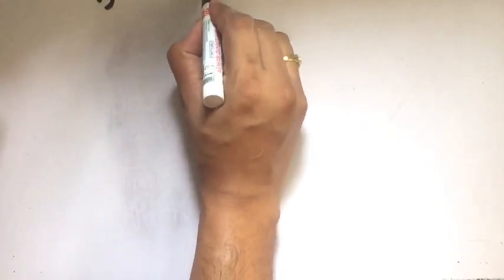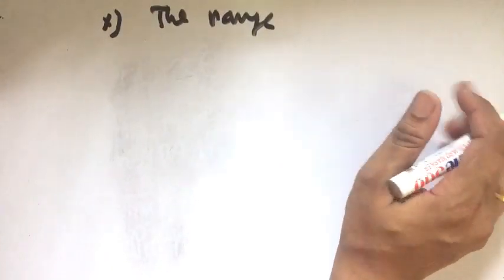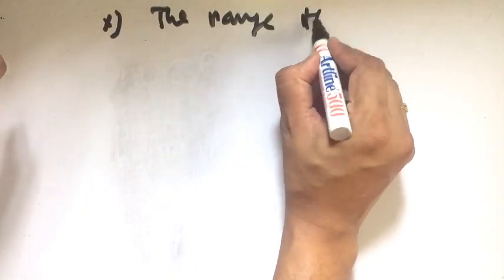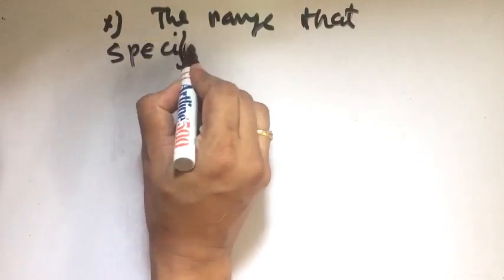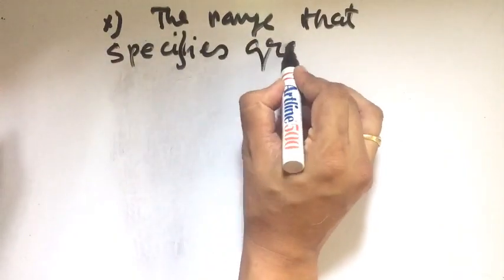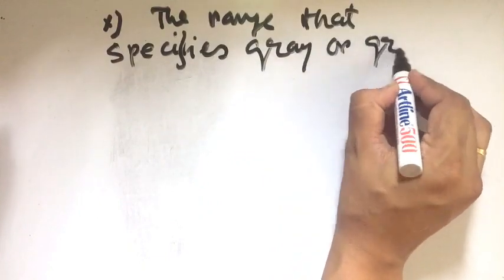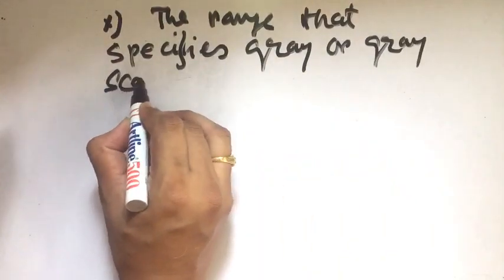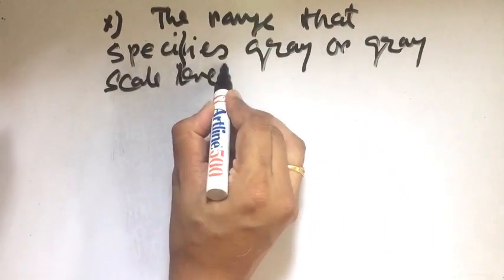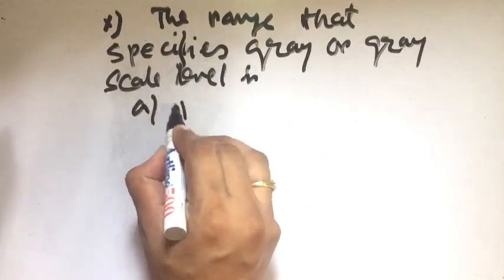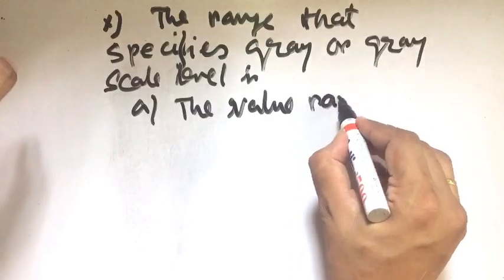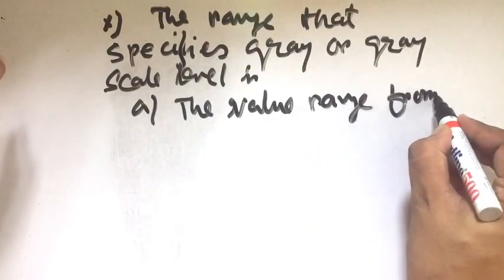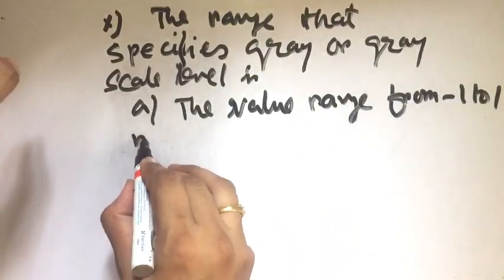The range that specifies the gray or grayscale level is: Option A, the value range from -1 to 1.